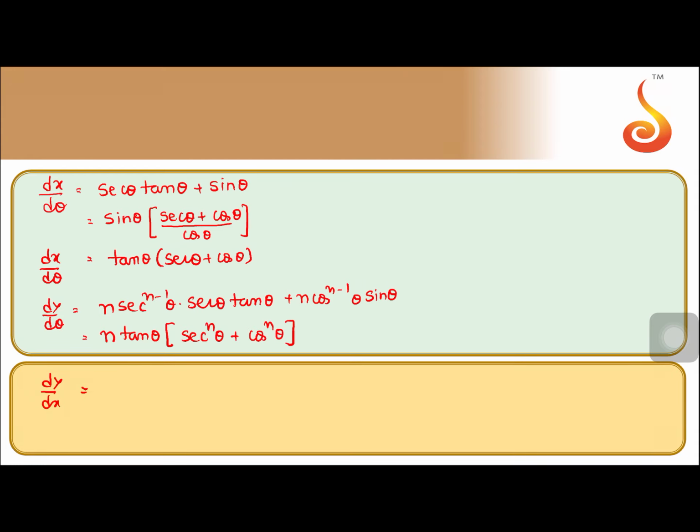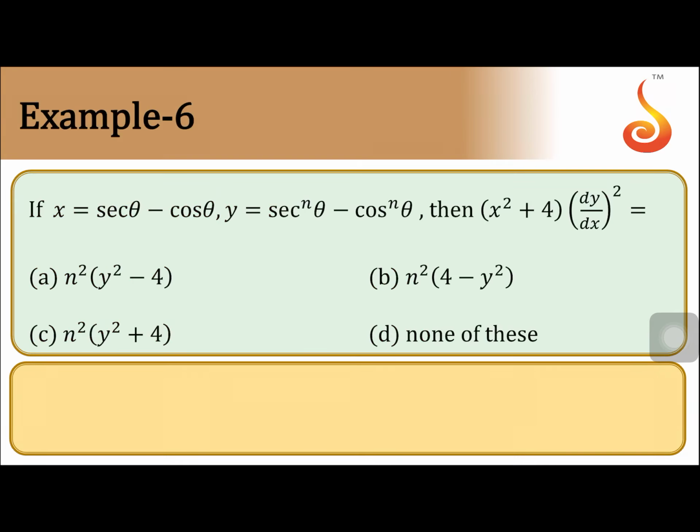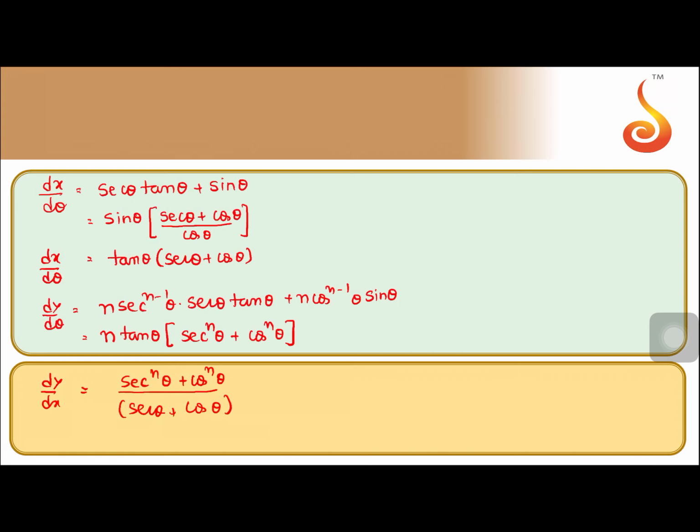So dy by dx, finally we get it as secant to the power n theta plus cos to the power n theta by secant theta plus cos theta. So we have to observe what is given. Dy by dx whole square is given.